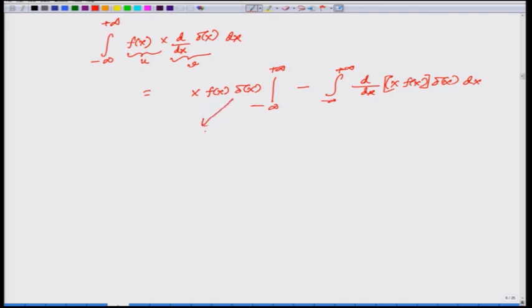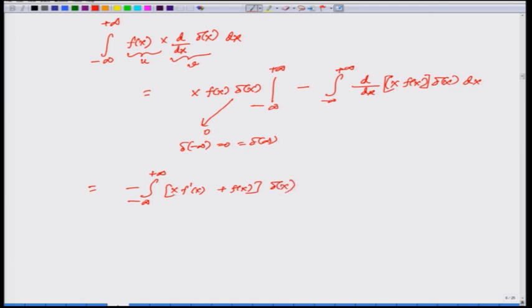But the boundary term will give me 0 because delta of minus infinity is 0 and delta of infinity is also 0. So I will be left with only the integral from minus infinity to plus infinity, and upon differentiating you can write x f prime x plus f x, multiplied by delta x.